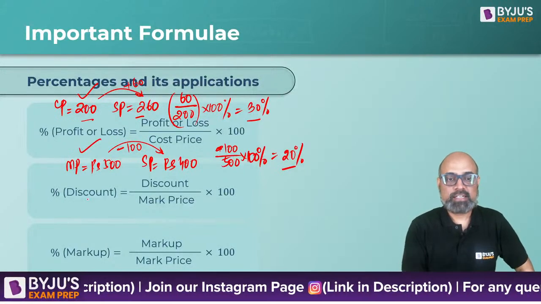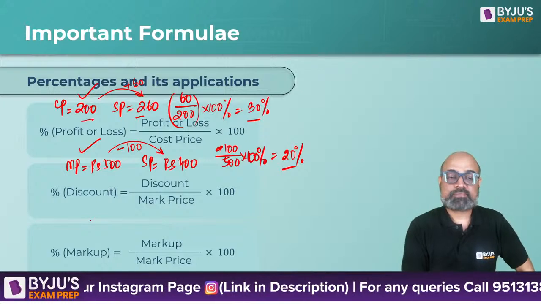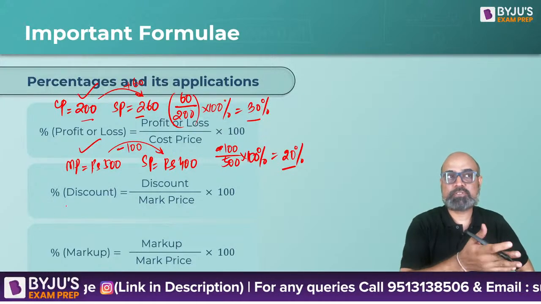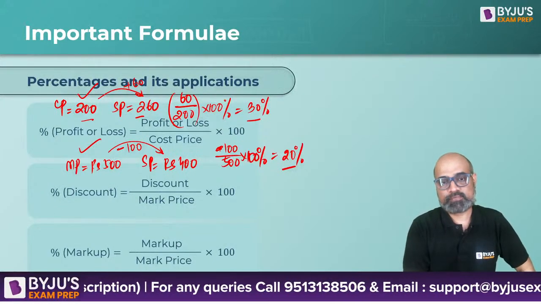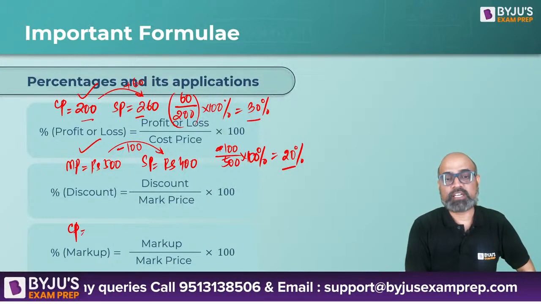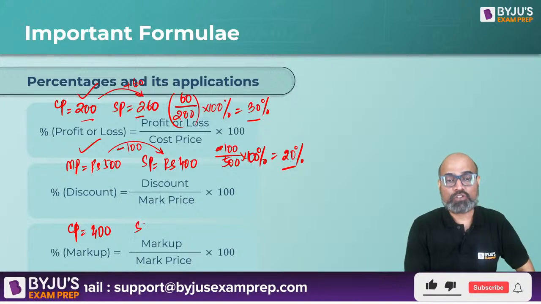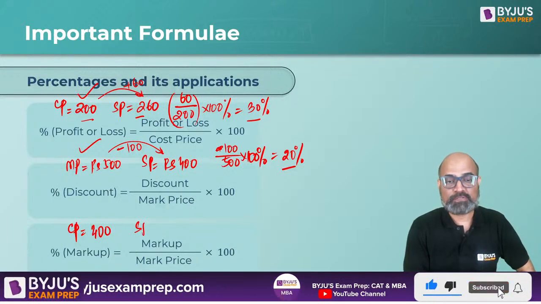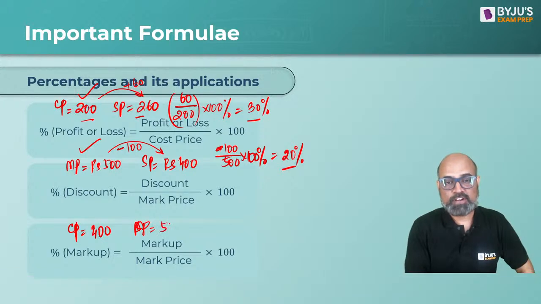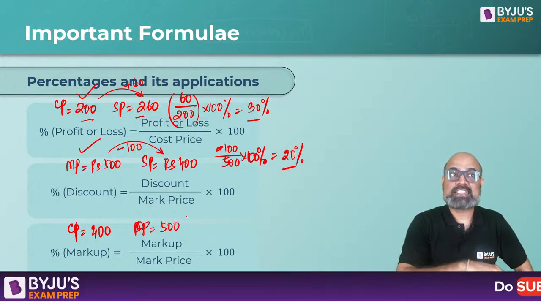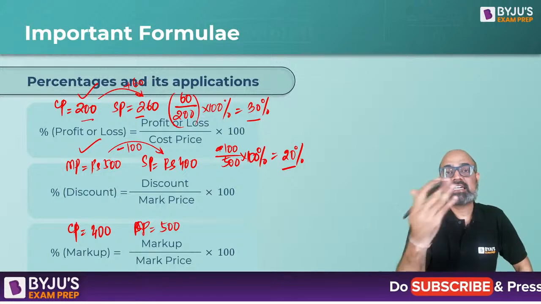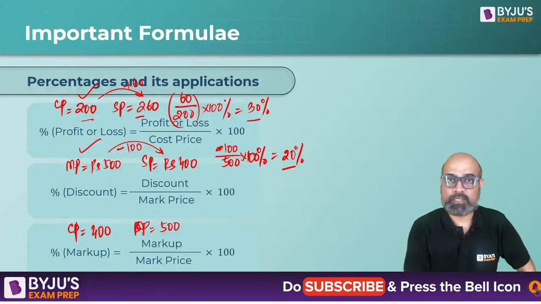Okay. Next is markup. So markup is the relationship between cost price and mark price. So suppose if you bought something for 400 rupees and then you made the price, which is the mark price, for, let's say, 500 rupees. So we say that there is an increase in the price. This increase in the price is called as markup.